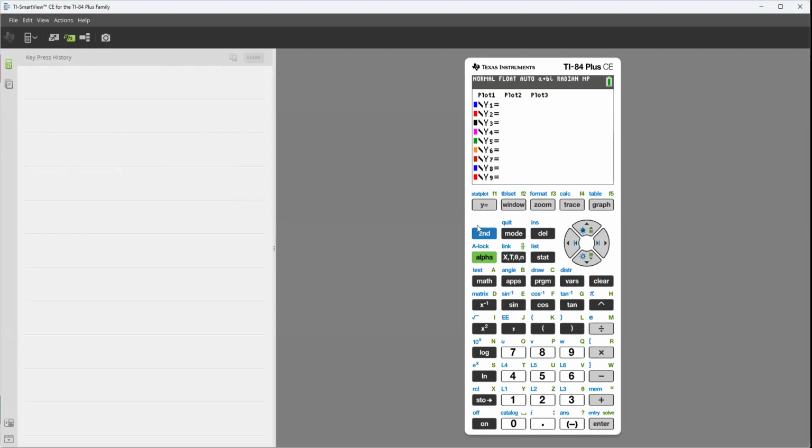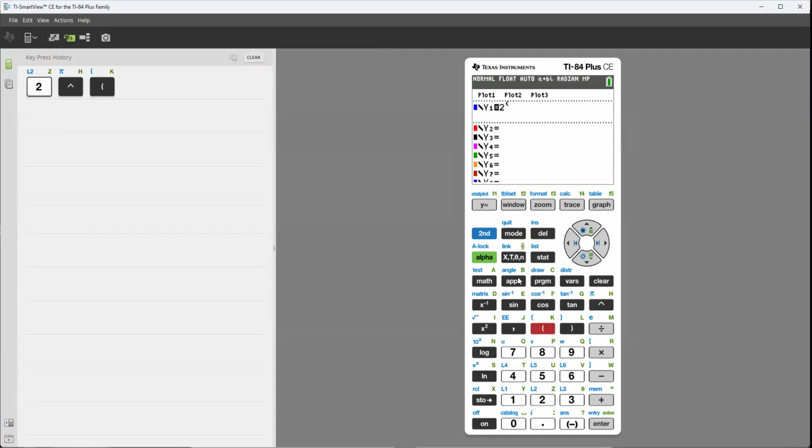All right, so let me go back. I didn't get my expression. That was 2 to the x minus 3. So 2 exponent. And if you want it in parentheses, you can do x minus 3 in parentheses like that.